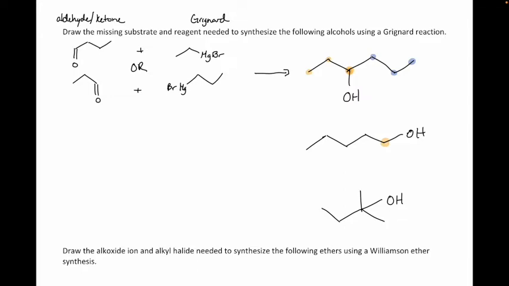In this case, it's only got that one neighbor, so this has to be my new bond that was formed here. That orange carbon will be on my aldehyde or ketone, and this blue carbon here will be my Grignard. So in this case, there was actually only one way to do it because there was only one possibility for our new bond that formed.